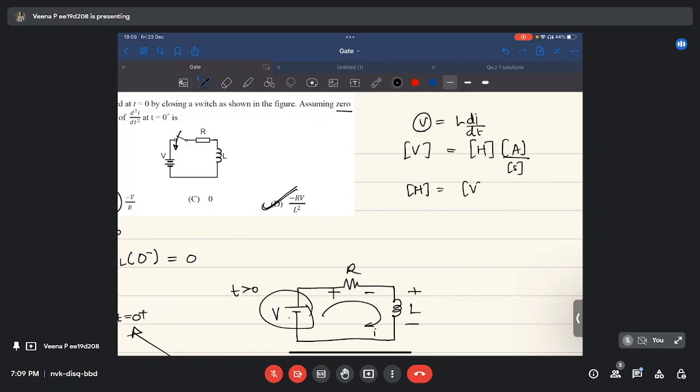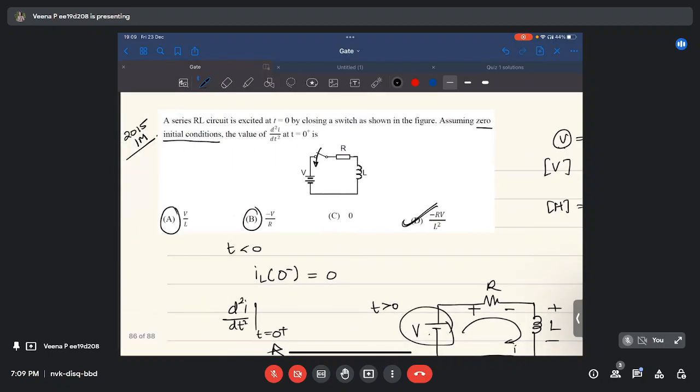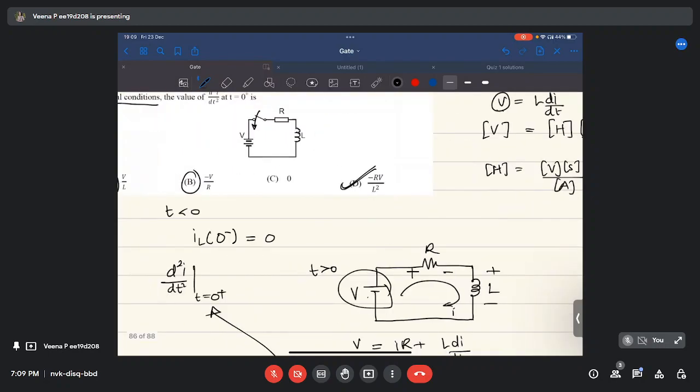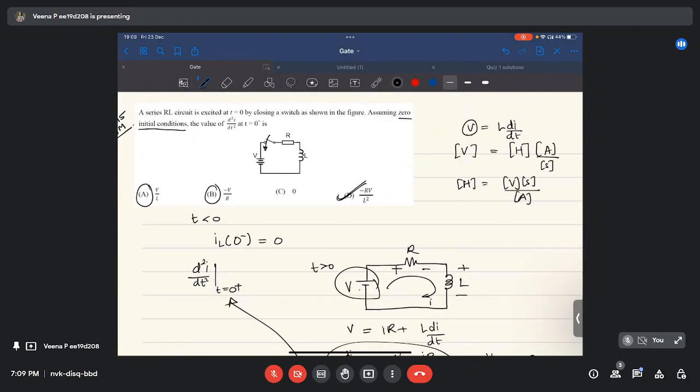Which is voltage second by ampere. So when you inspect the dimensions of the options, we are asked to find d square I by dt square. The dimension of d square I by dt square is ampere per second square. Have any doubt in that?